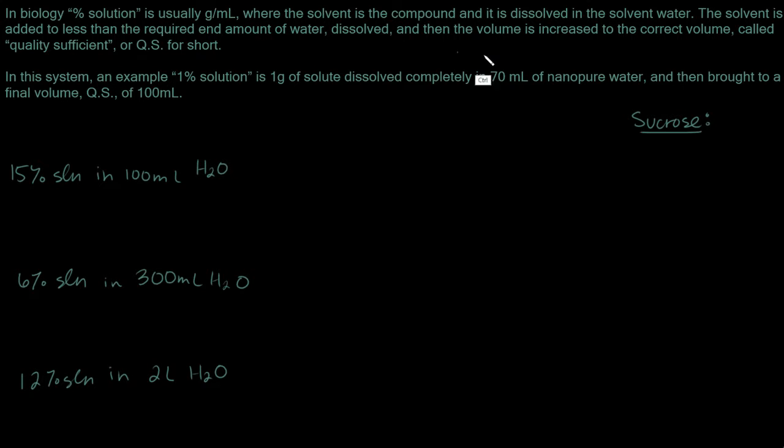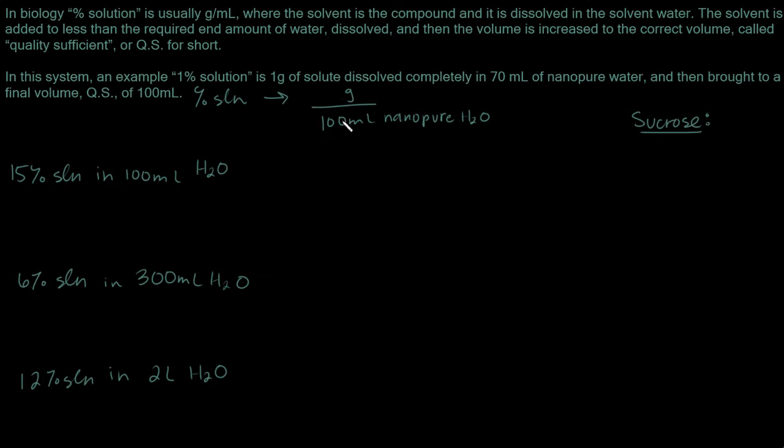So today we're talking a bit about, in biology, when we're using percentage, what sort of assumed standard are we following? When we say something is a percent solution, we're saying it's grams per usually 100 milliliters of nanopure H2O, which is just very, very clean DI water.